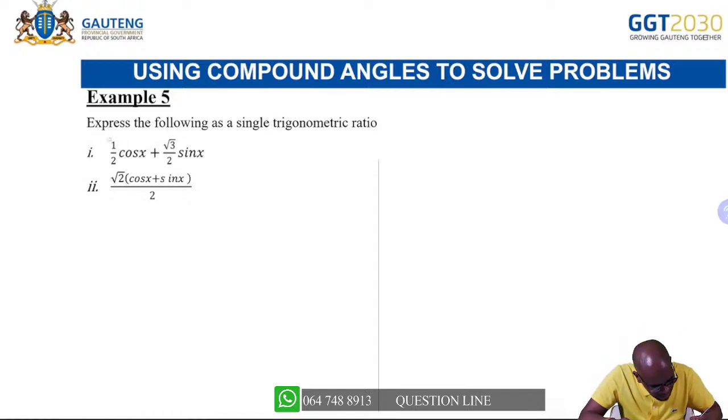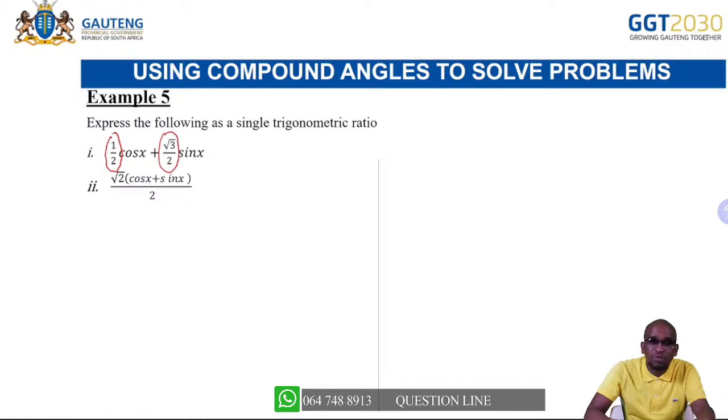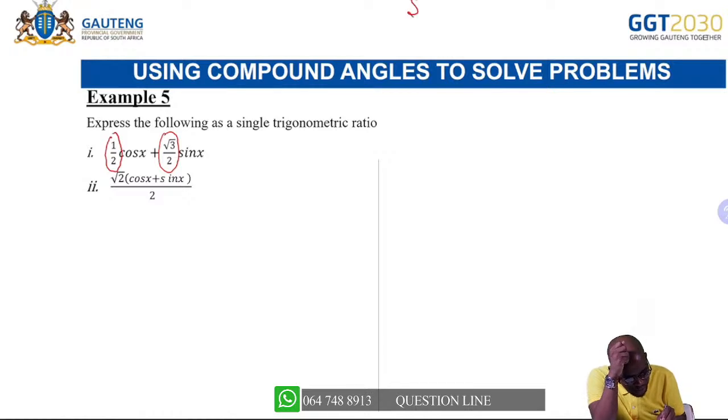Now, we are on this one. We are given half. We are given √3/2. These are what we call the special ratios. Where do we find special ratios? Sine 30, sine 45, cos 60.